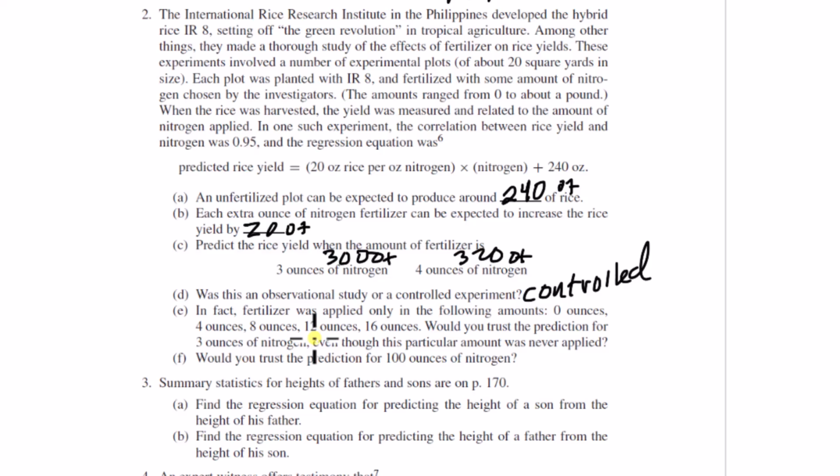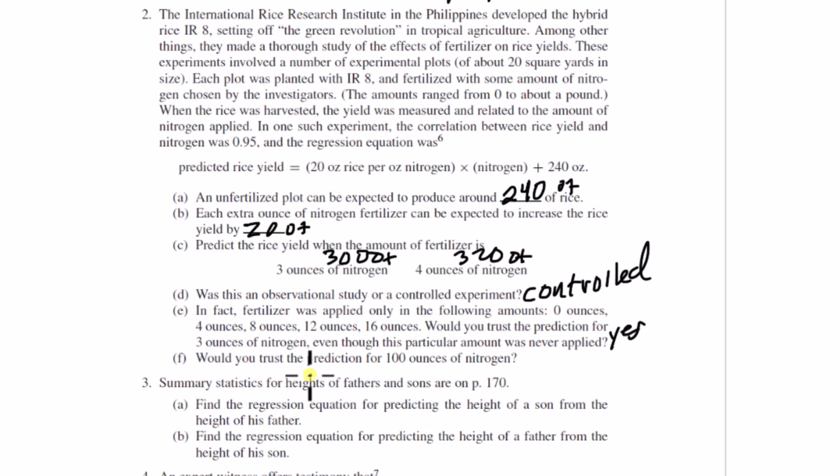And so the question is, if you didn't actually apply that specific input, can you use the regression equation at an input that you didn't actually apply? Sure, you can. Again, assuming there's enough data points and you feel like it's a quality regression. So yes. Would you trust? Yes.